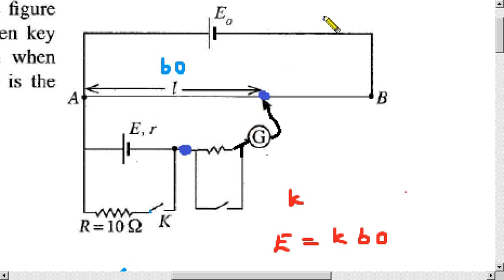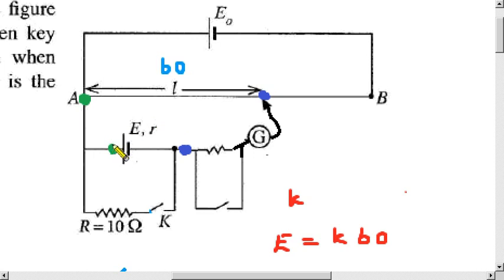The same way, if no current is passing along this line, no current coming in because no current going out. So therefore these potentials at these points also should be equal but different than this one.